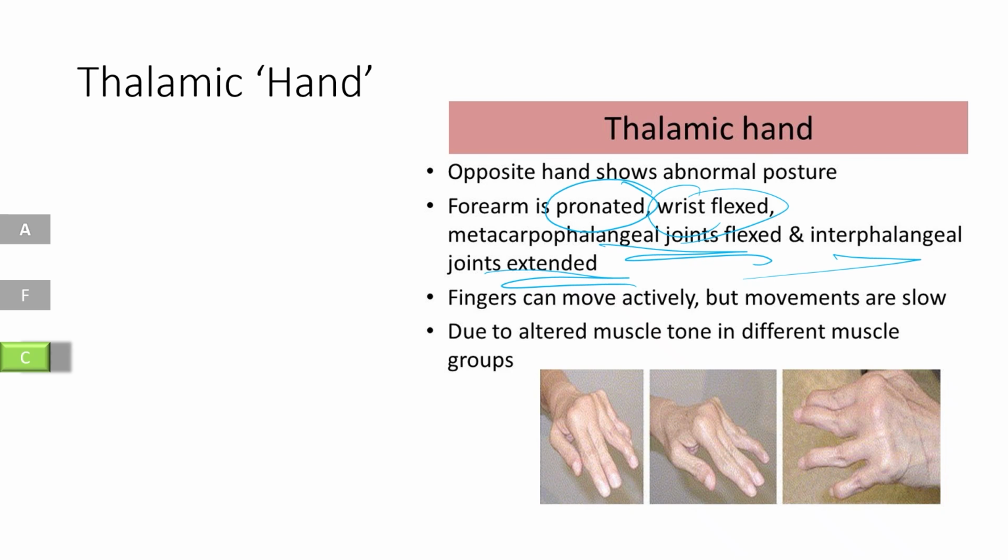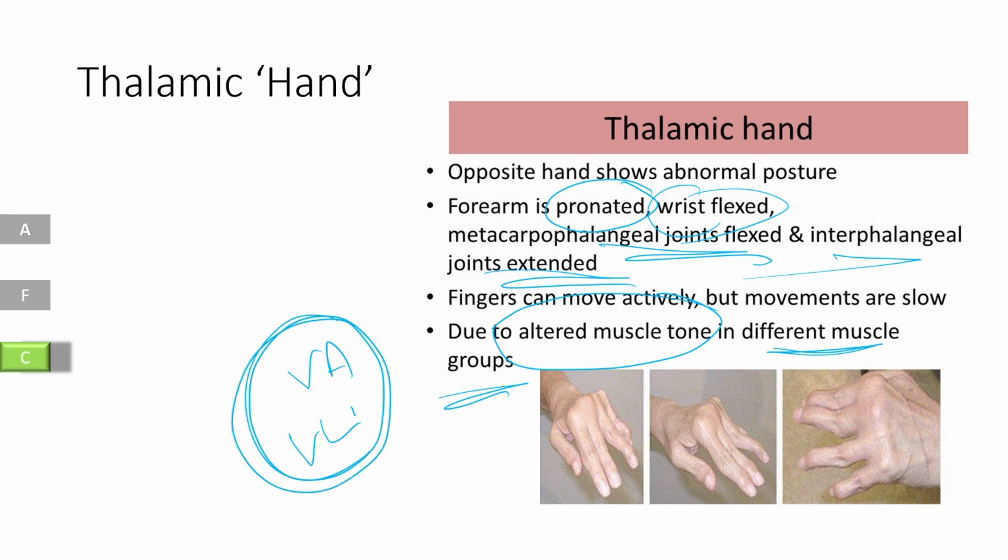Okay, that appearance may be due to altered muscle tone in different muscle groups, because as you know, the thalamus is not only concerned with sensations, but also, as I said before, VA and VL are very important relay stations for motor activity, right? The basal ganglia and the cerebellum were projecting onto the VA and VL.